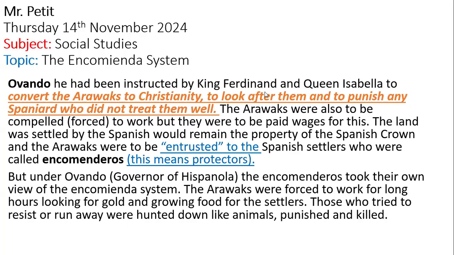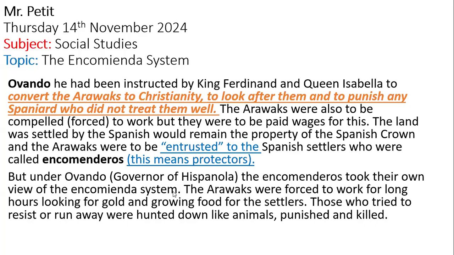So, Mr. Petit, that means King Ferdinand and Queen Elizabeth take the slaves to protect them? Well, King Ferdinand and Queen Isabella wanted the natives to be treated with some sort of dignity, and they wanted them not to be treated badly.